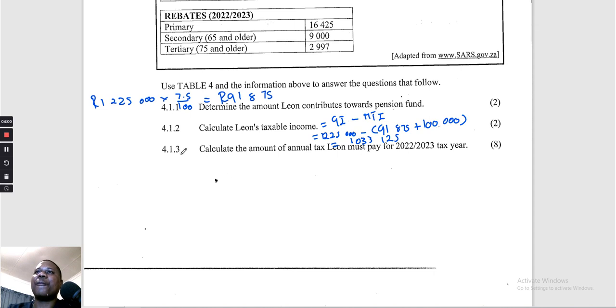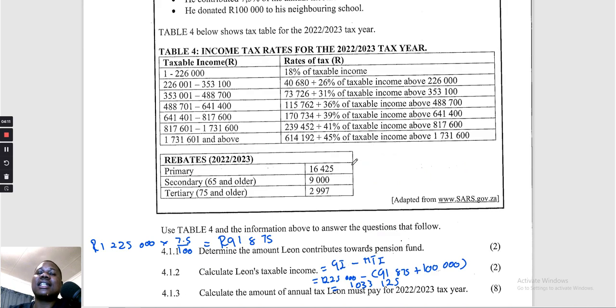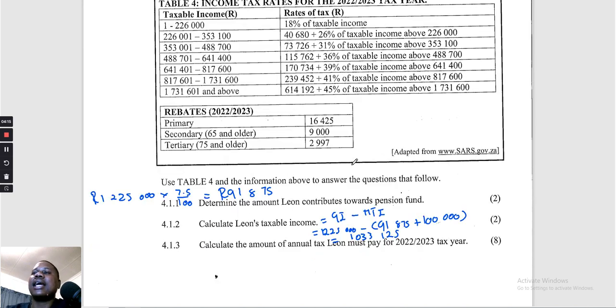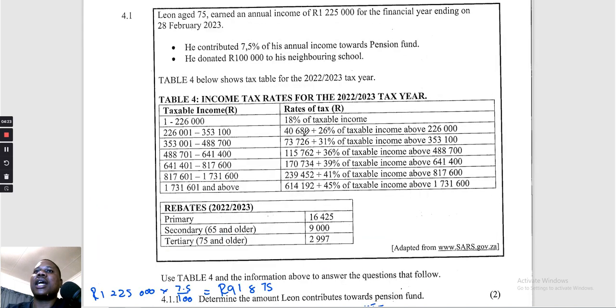So number 4, calculate the amount of annual tax Leon must pay for the 2022-2023 tax year. Okay, we have calculated the taxable income, meaning that we can identify the tax bracket. Remember, the taxable income of Leon is 1,033,000. So let's go and check where it falls. Is it between here? No. Is it between here?